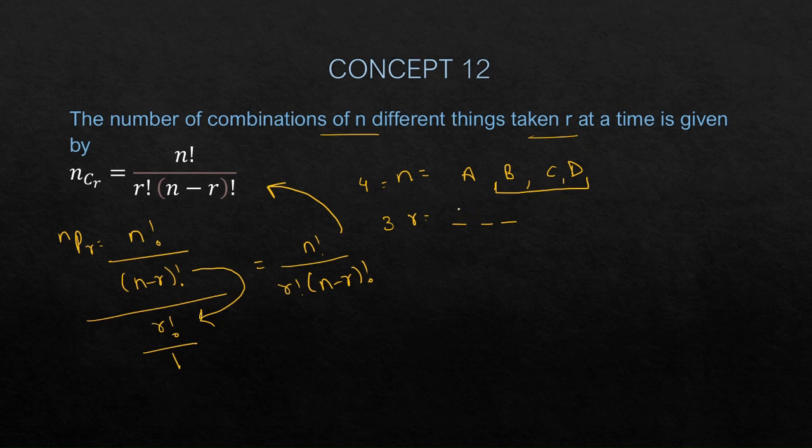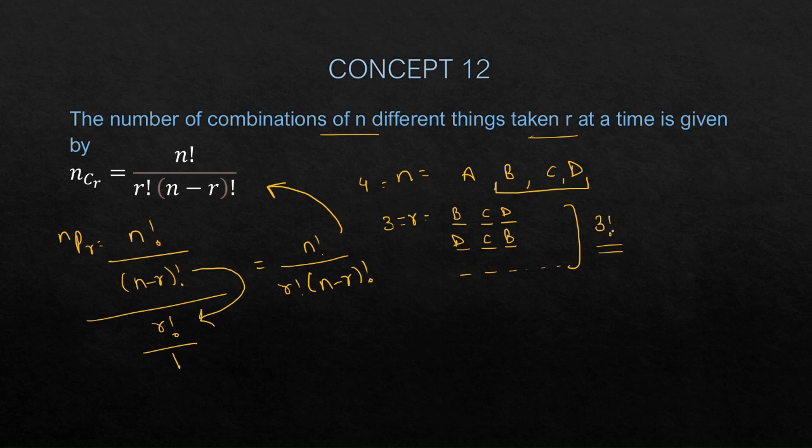If I select b, c and d, their arrangement can be done in this particular way, or in this particular way, or in several other ways also. The number of ways, as we all know, comes from the permutation formula, which will be 3 factorial, since r here is equal to 3.